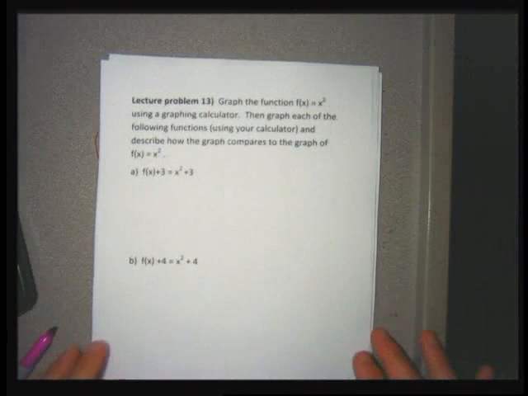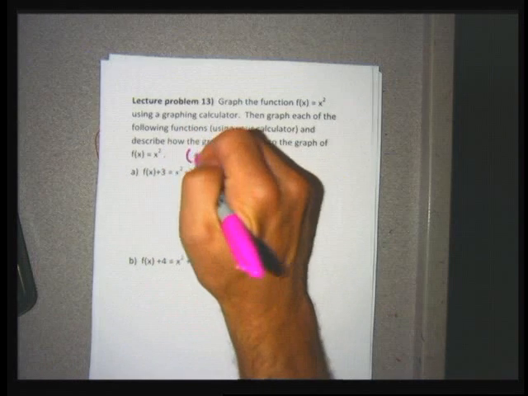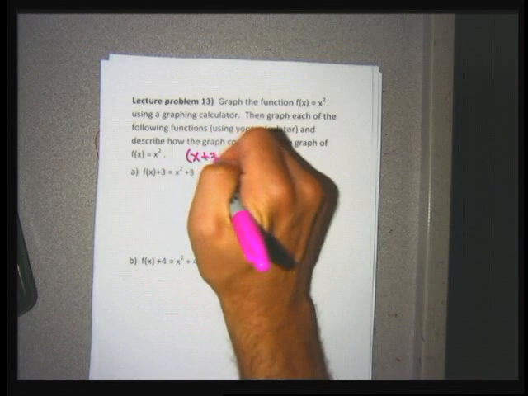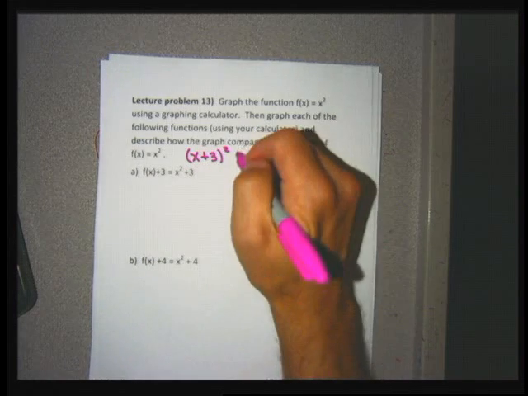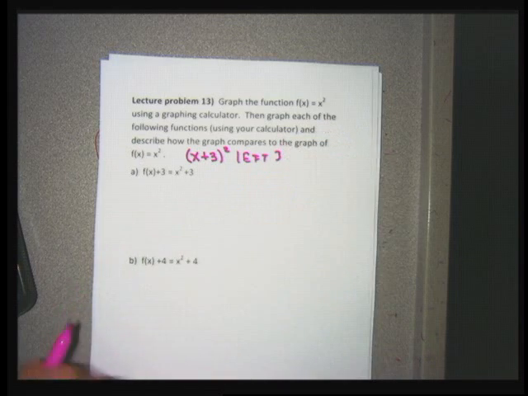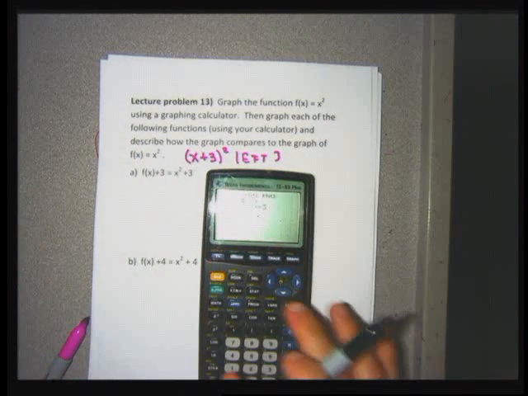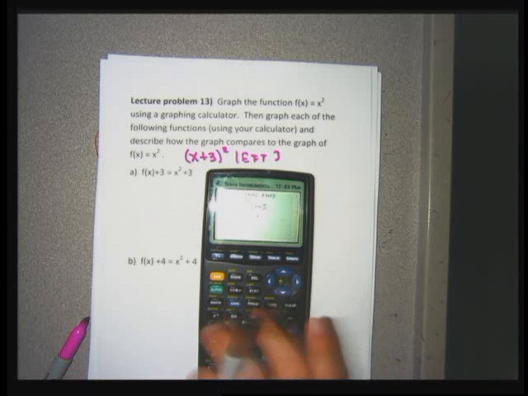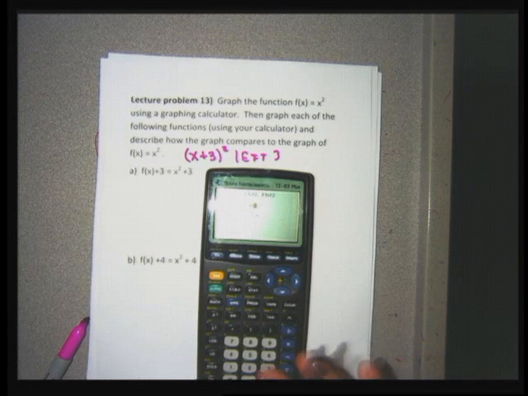The next few functions have pluses, and again, this is different. Had this function said x plus 3 quantity squared with the 3 being in a parentheses, that would move the graph left 3. This graph that I'm asked to do, I'm asked to compare the graph of x squared to the graph of x squared plus 3.